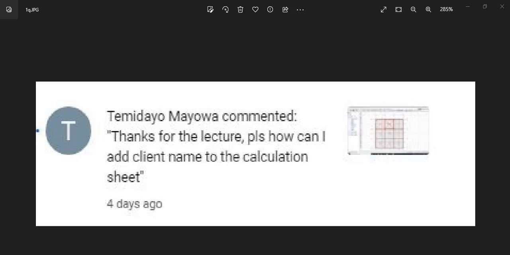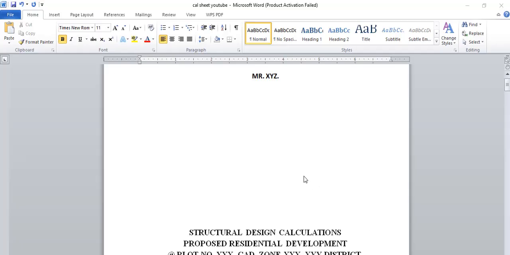Normally, what we do is we create another cover page in Word form, fill every information, then attach it to our already produced calculation sheet. This is a typical example of what we do.